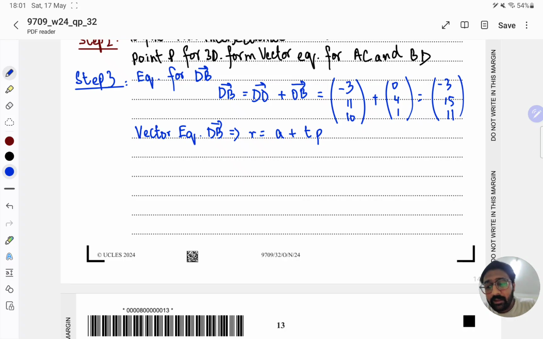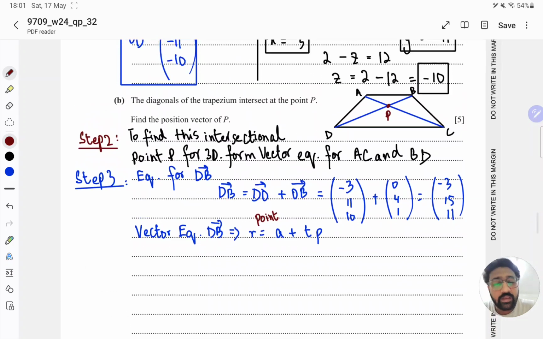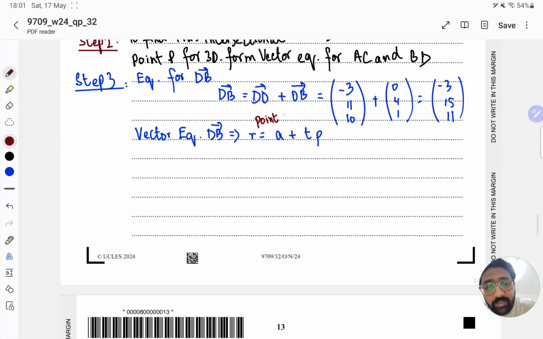For finding r, a is going to be a point, and we can take any point on DB, so we can take the point B. We can use the position vector for B, and p is going to be the direction.